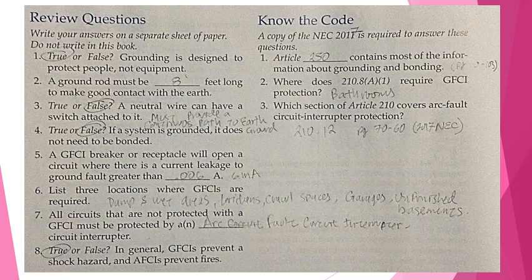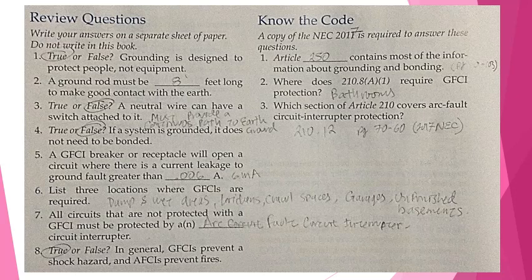Know the code. Number 1, Article 250 contains most of the information about grounding and bonding. This is page 70-103 in the 2017 NEC. Number 2, where does 210.8(A)(1) require GFCI protection? The answer is bathrooms.